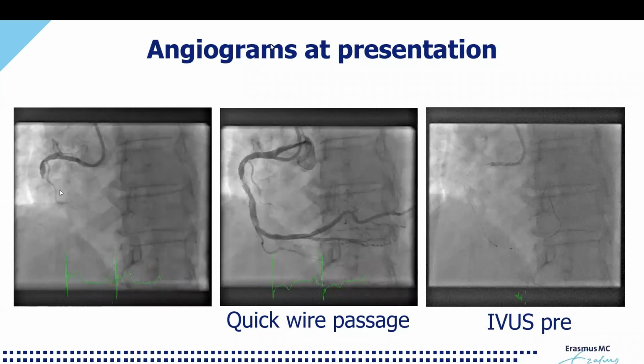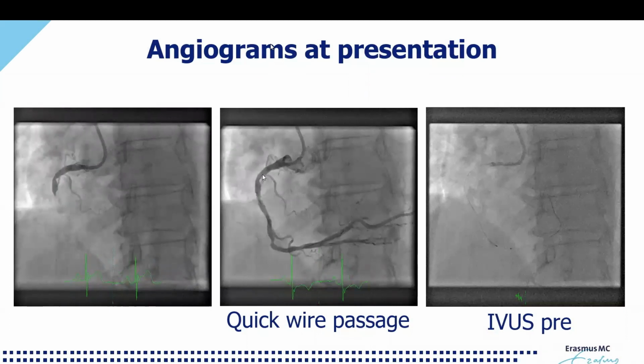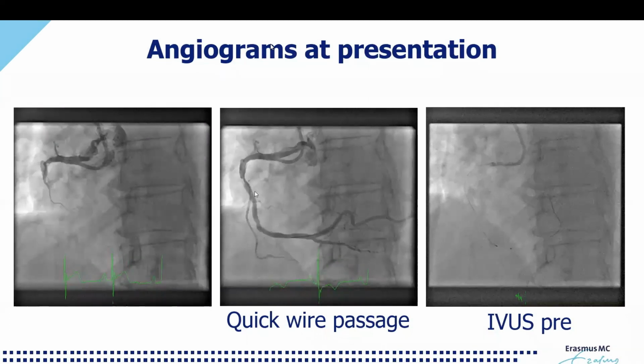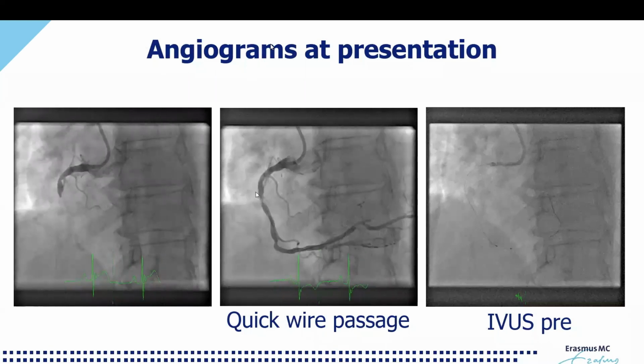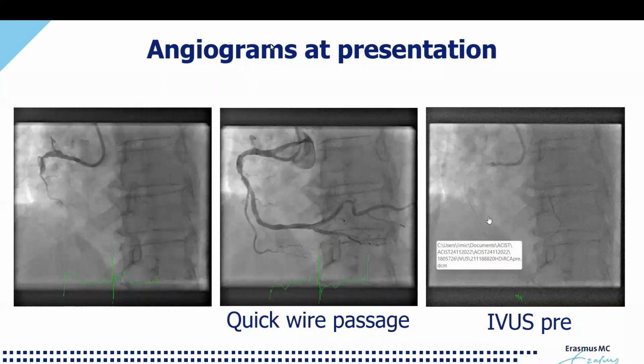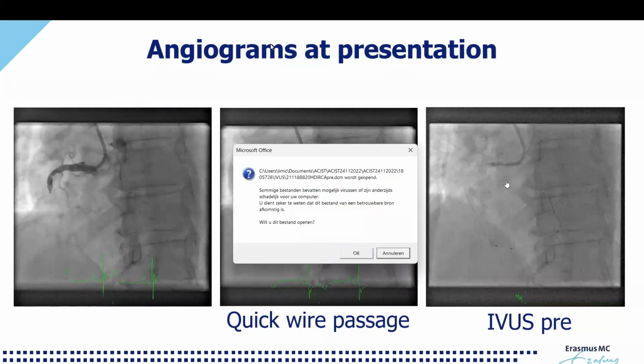Now, fortunately, a very quick wire passage, indicating that probably, of course, Temi says it also, that we have some thrombus in there. So fortunately, we had a quick wire passage, and then we made an IVUS pre-procedure. I called it pre-procedure just after the wire passage.